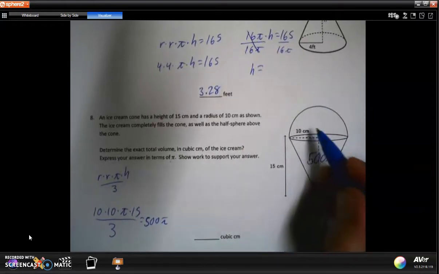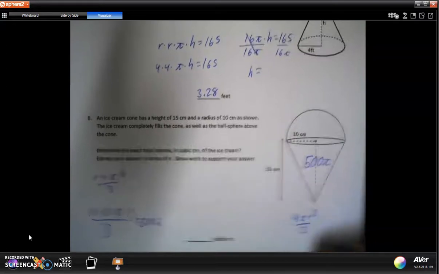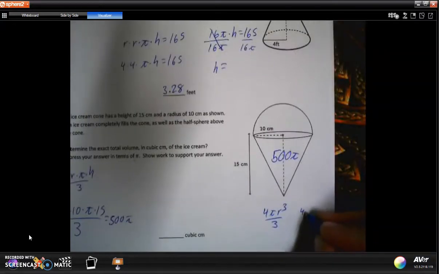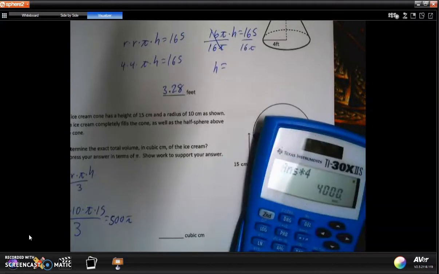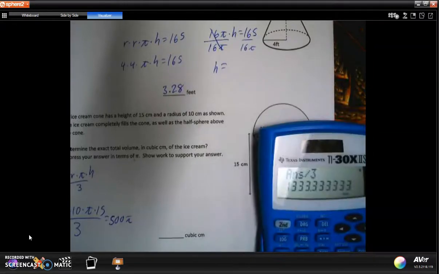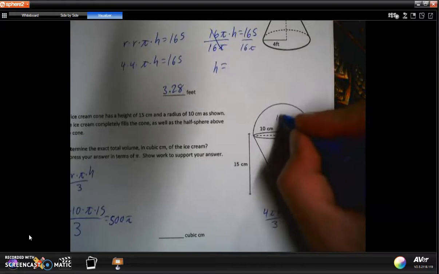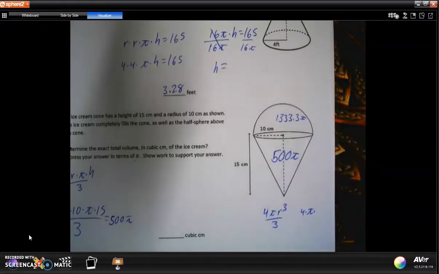Now I need to do half the sphere, half of it. So 4 pi r cubed divided by 3. In this case, it's 4 times pi times 10 cubed. 10 times 10 times 10 is 1,000 times 4 is 4,000. 4,000 divided by 3 is 1,333.3 pi.